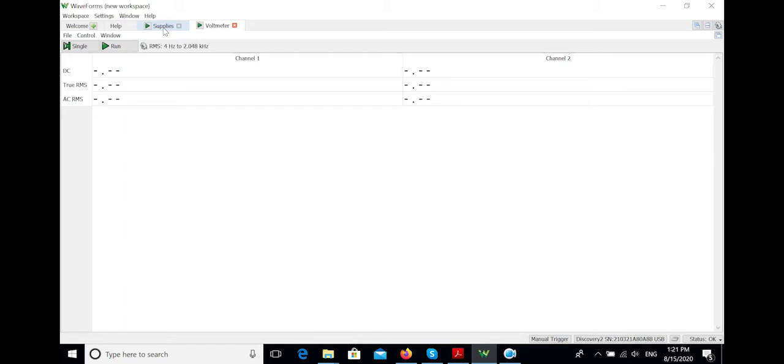Now the positive of channel 1 is not connected to anywhere, so I'm going to connect it to, let me show you, the emitter.